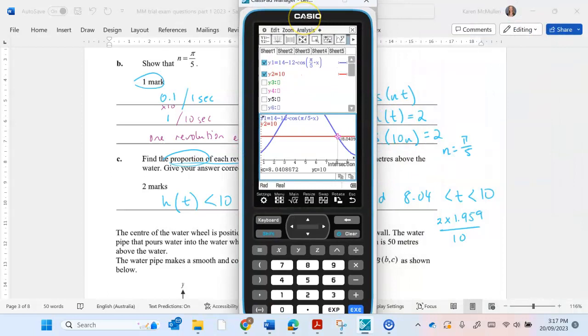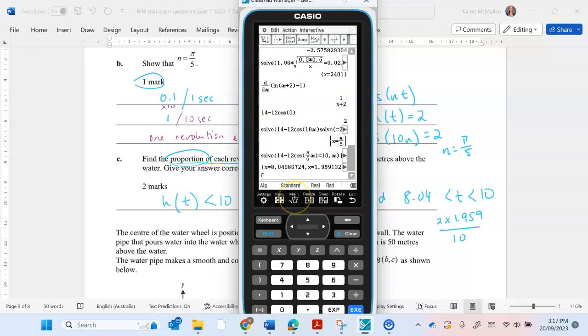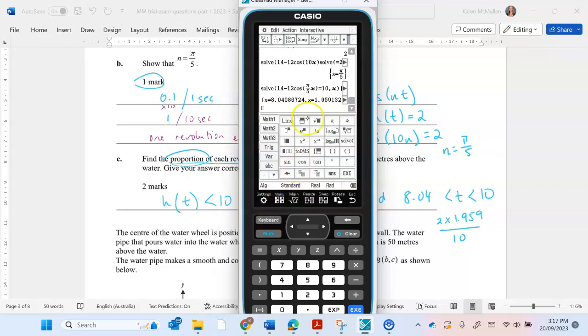Let's do that on our main screen. 2 times, and I'm a big fan of copying down, especially when you've got heaps of decimal places, over 10.